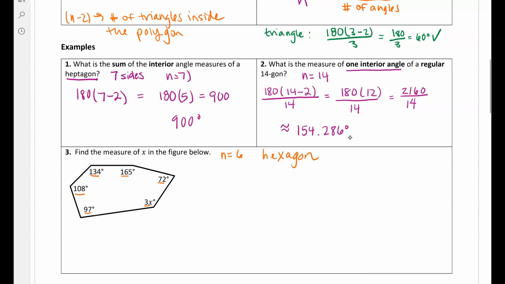We want to use the formula to find the sum of the interior angles of the hexagon. That's 180 times n minus 2, so 6 minus 2, which is 180 times 4, and 180 times 4 is 720.